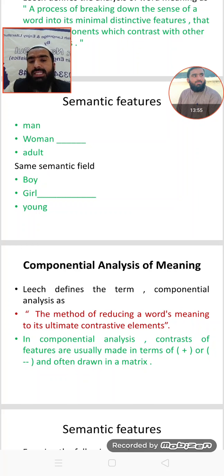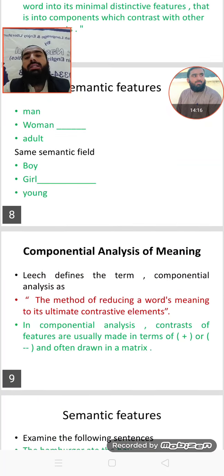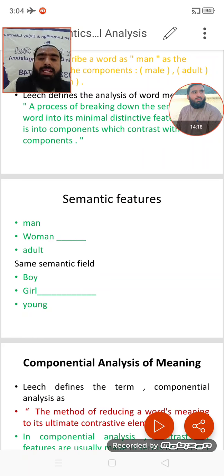We have boy, we have girl and we have young. Likewise, we have man, we have woman and we have adult. So these are contrastive analyses, and these are componential analyses.